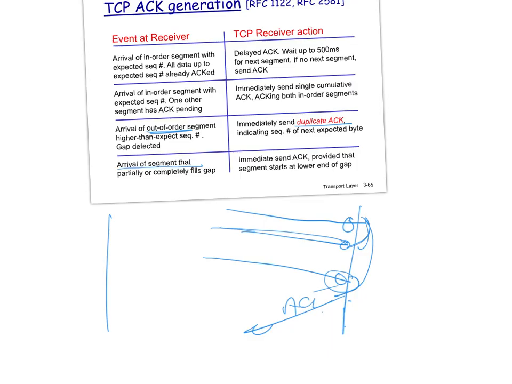So these cases are clear. Any sequence here or any of these cases that is not clear, let me know. Okay, so these are the 4 cases that the receiver has. No other case. When we say I'm sending an acknowledgement for the 3, how? Then a sequence number. So assume this is 0, 1, 2.